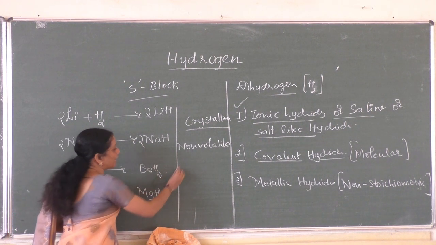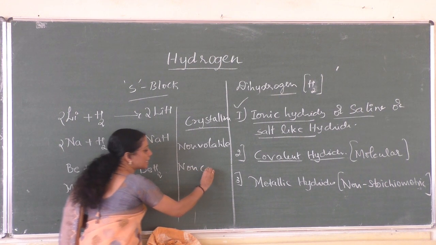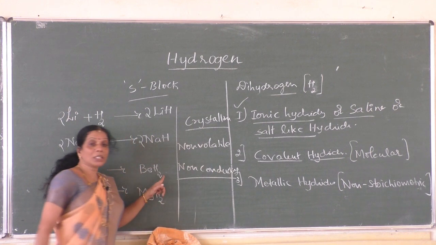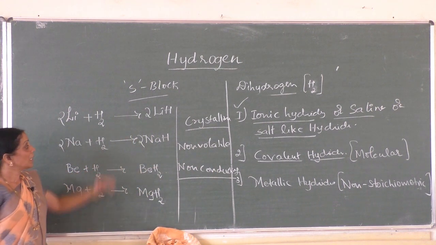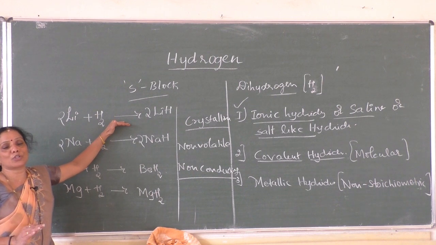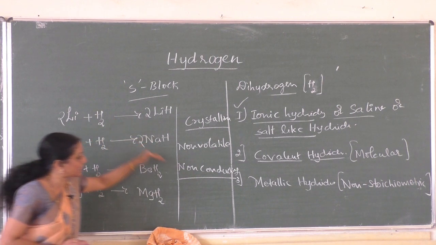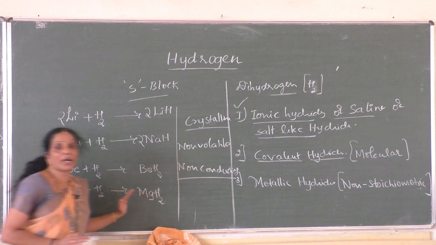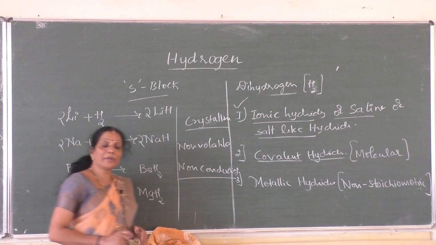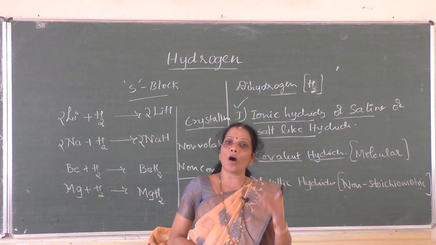Understood? Along with that, they are non-conducting substances, non-conducting only in the solid state. If I consider solid lithium hydride, it does not have any tendency to conduct electricity. Any hydride of hydrogen with an s-block element in the solid form is always non-conducting.